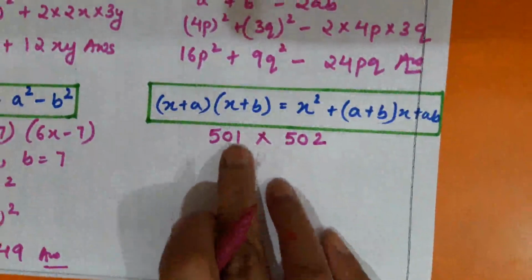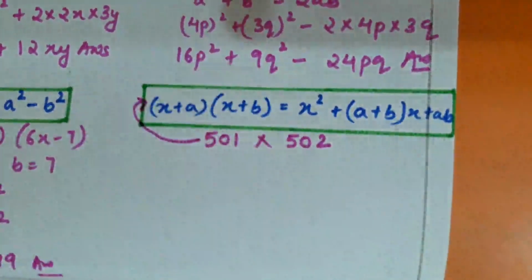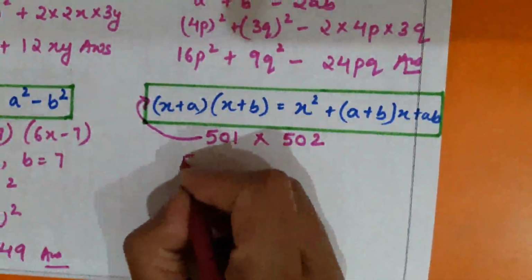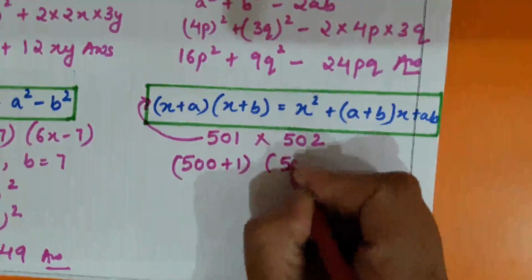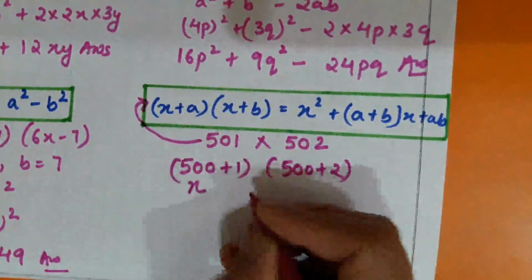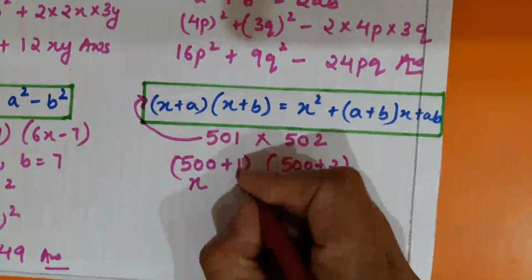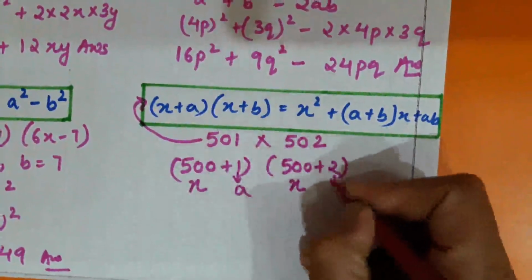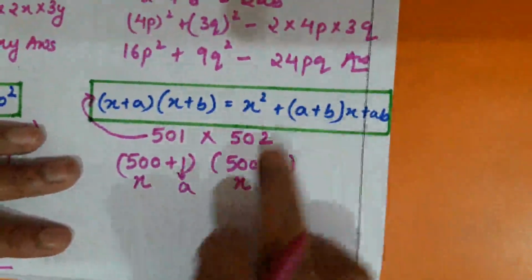So we can make these two terms in the form of this formula easily. How? Because we can write 500 plus 1 also. We can write 500 plus 2 also. So here x is 500. Here x is 500. So both are having same value. 1 represents a here and 2 represents b here.